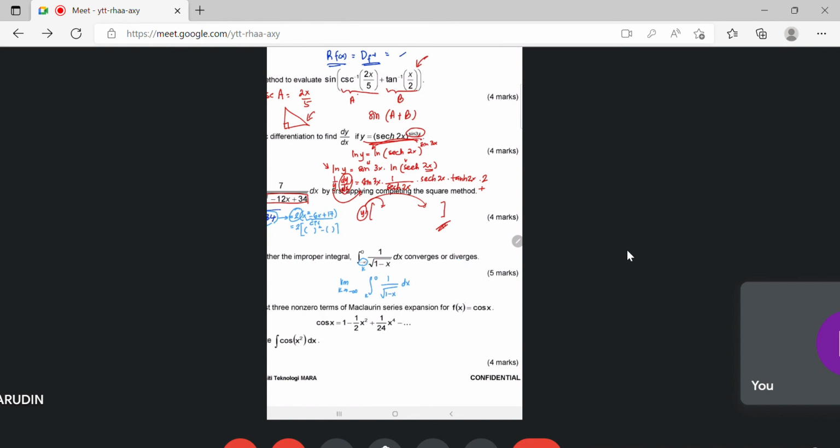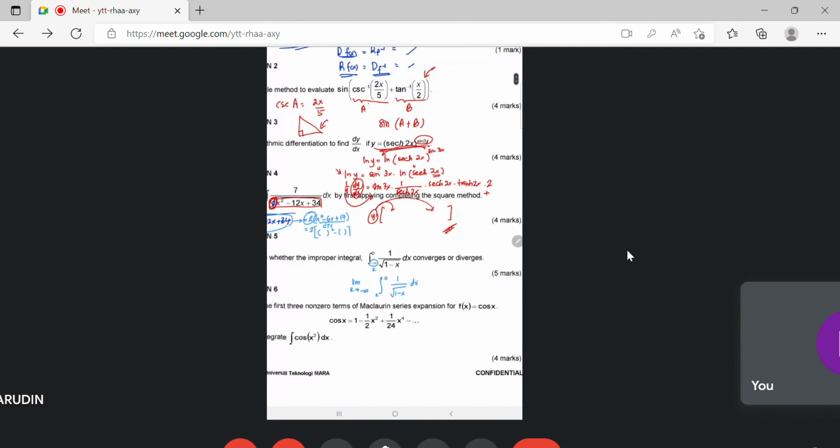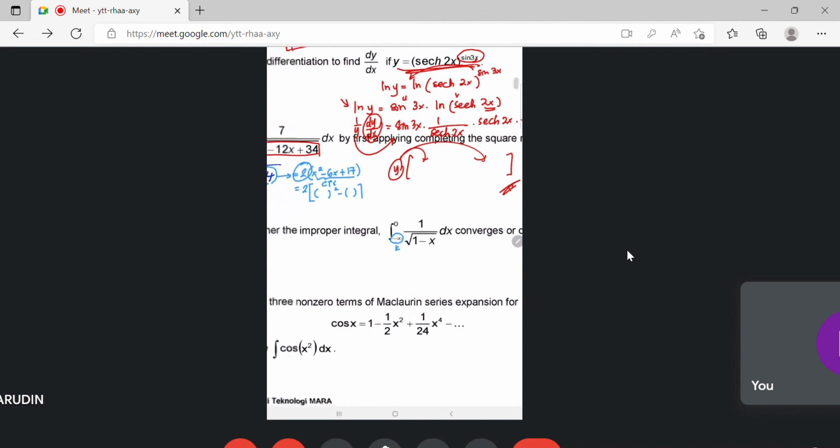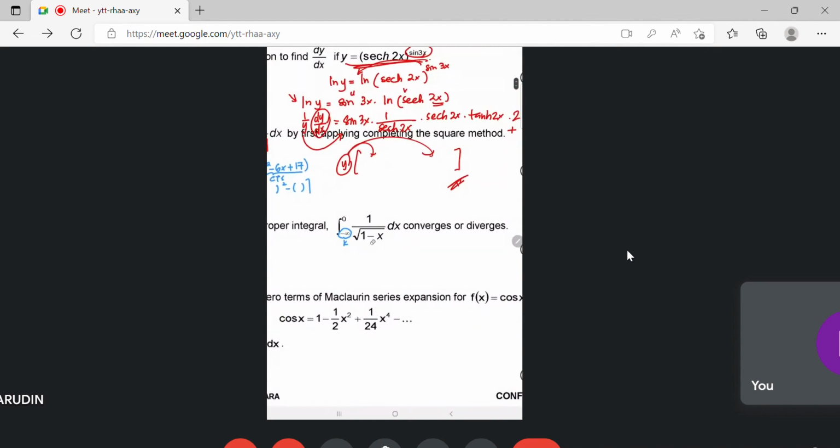Betul ke soalan ni? Betul lah. Okay, so bila macam ni nanti kita akan integrate macam biasa.